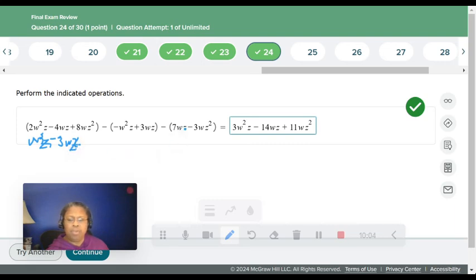And over here, we would have minus 7WZ, and then we had a plus. Sorry, that's supposed to be a Z right there. Then we would have plus 3WZ squared. And if you can line them up vertically, and of course you would have to rewrite it on your paper to do either one.